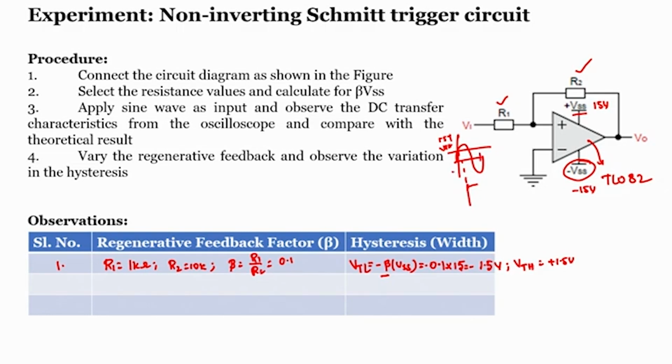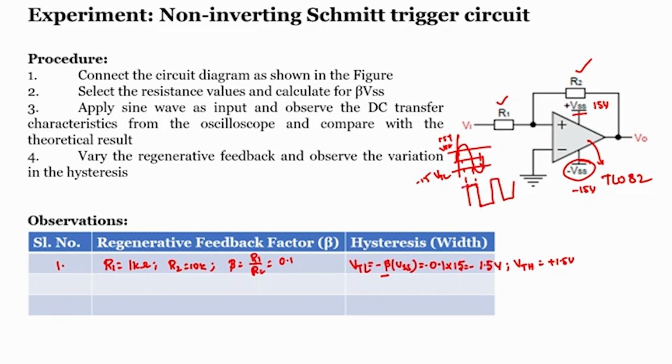Until the input voltage is lower than the lower threshold value VTL, which in our case is minus 1.5. Till then it will stay high, and it continues like that.